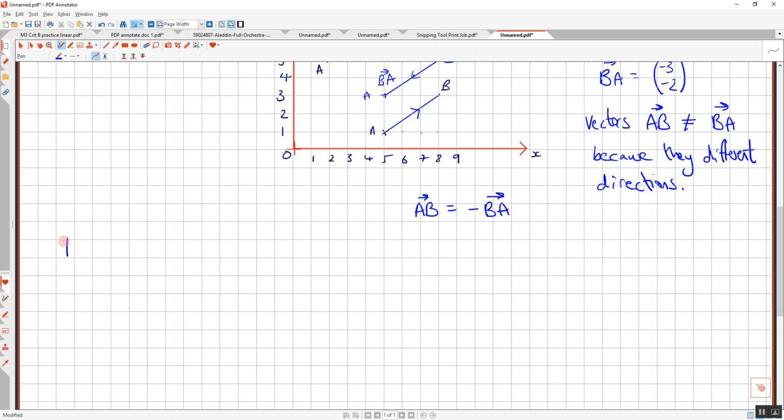All right, some more new stuff. Position vectors.